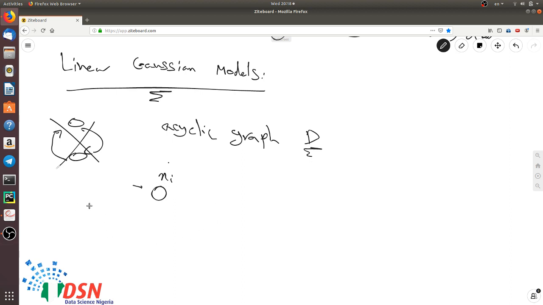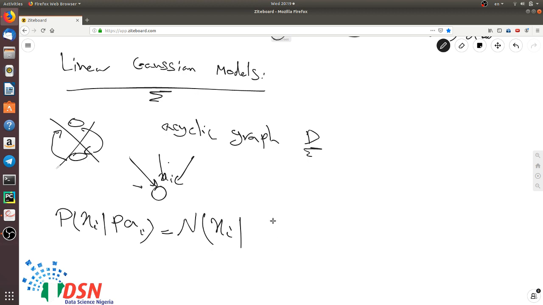So the probability of xi given its parent nodes is a Gaussian, with a mean and variance.